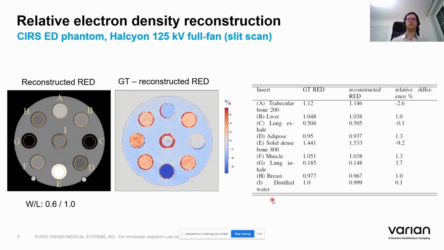The only insert exceeding this 6% error threshold was in our case the solid dense bone 800. So based on these results, we would expect the polychromatic reconstruction to yield sufficiently accurate relative electron density for photon dose calculation.